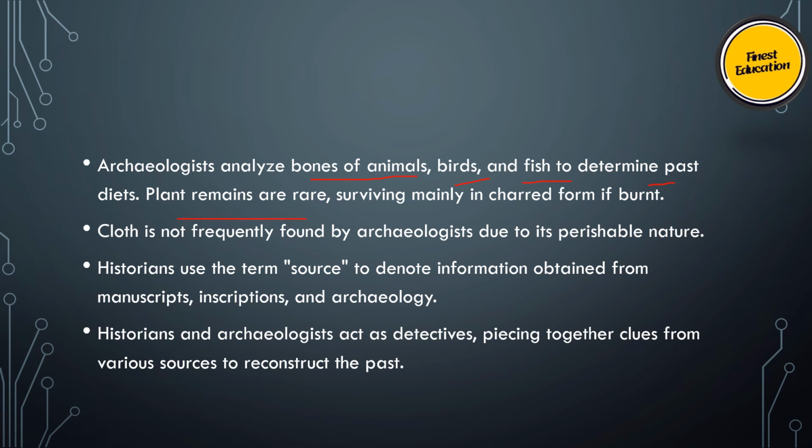Plant remains are rare, surviving mainly in charred form if burned. Clothes were not frequently found as they were perishable in nature. And all these kinds of past remains were considered as sources, like we learn about manuscripts, inscriptions and archaeology.